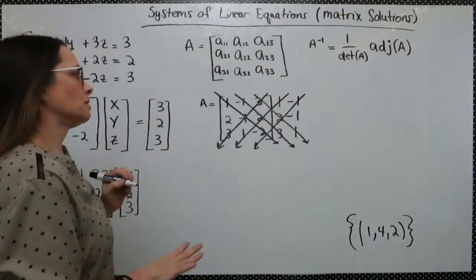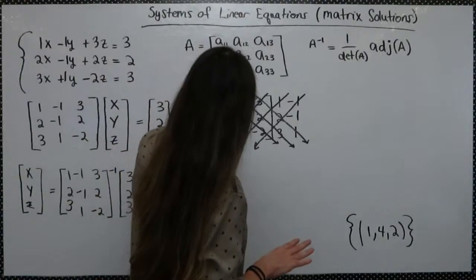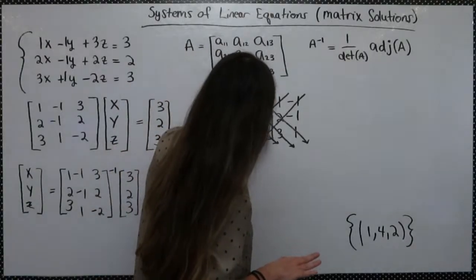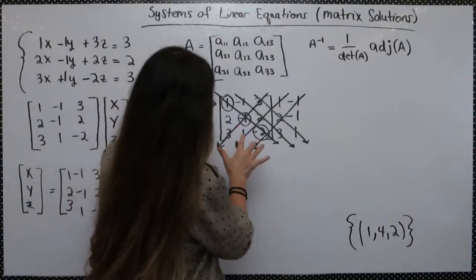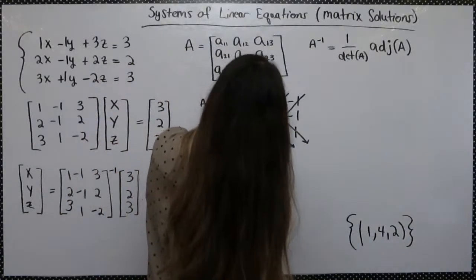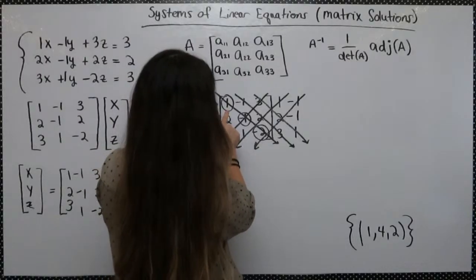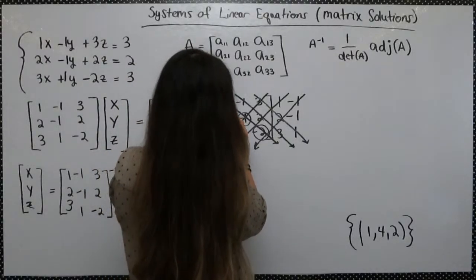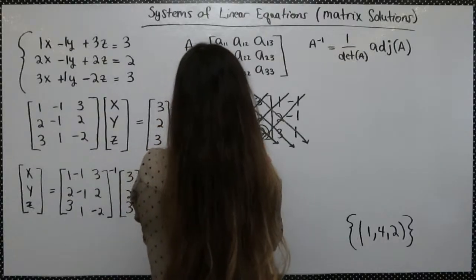Perfect. So we're going to take the product of these numbers. It's 1, -1, -2.